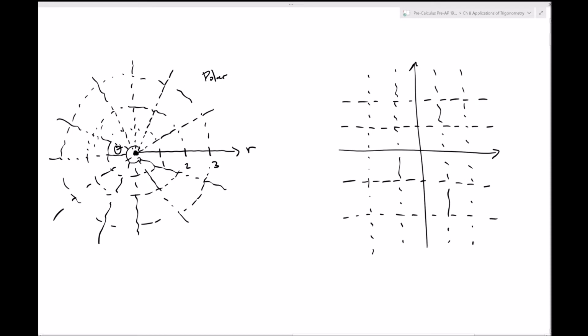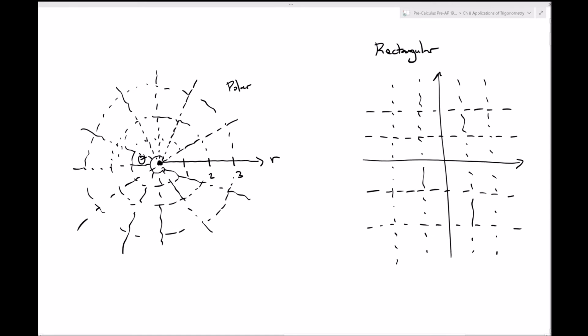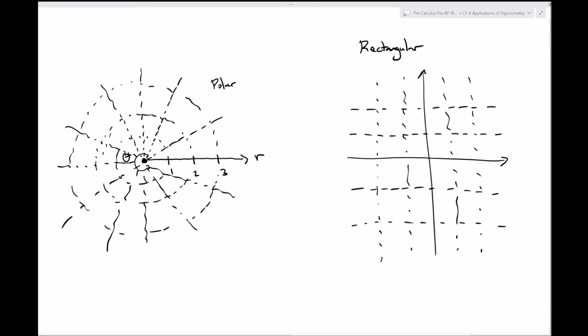So we have a rectangular grid, and it should be obvious now what we mean by rectangular. We're literally meaning rectangles. It's rectangular in shape for the grid lines. Polar is circular and radial in shape. It's a curved spatial coordinate system. It doesn't mean that space is curved in this situation. It's still the same flat plane that we're talking about. We're measuring coordinates along curves instead. Circular curves for a different radius, and then these radial lines for a different angle. That's polar.